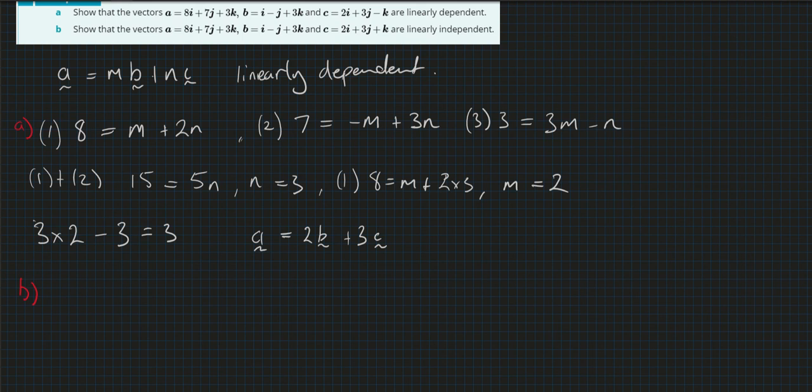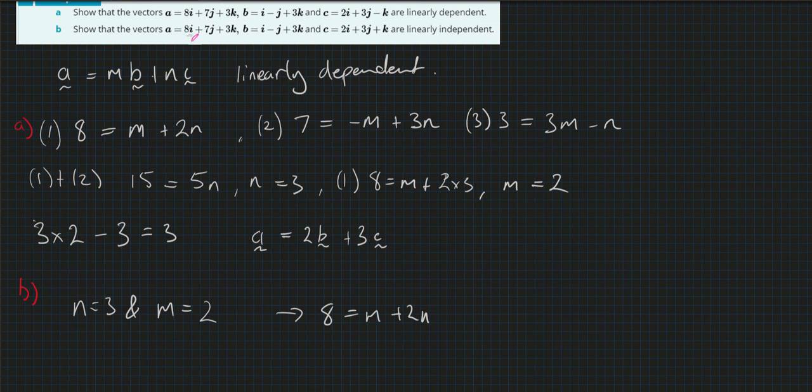We'd end up with once again n equal to 3 and m equal to 2, based on the first two equations, based on 8 equal to m plus 2n.